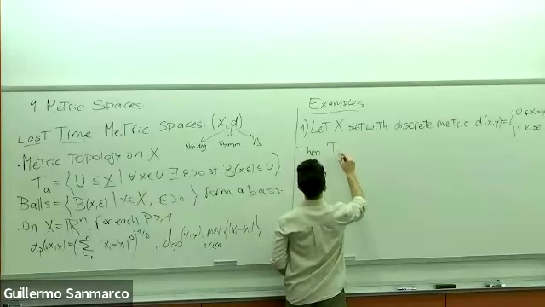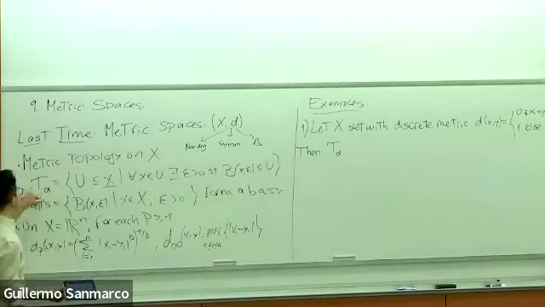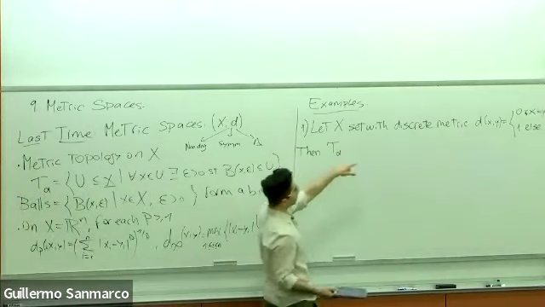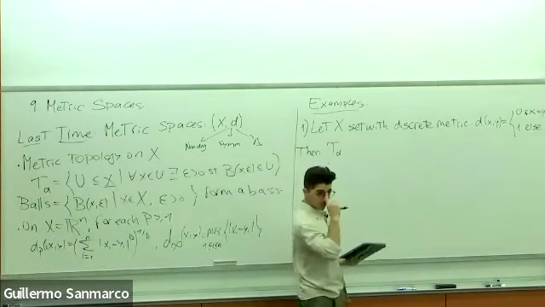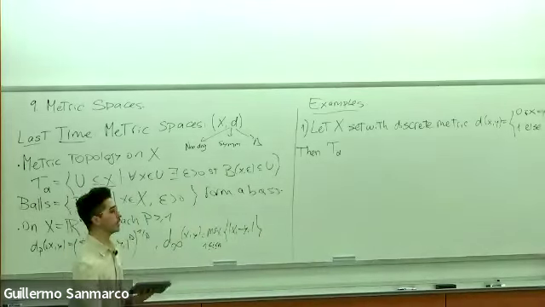The topology it induces. So I want to point out here, sometimes this T_d is called the metric topology, but most of the time you just say the induced topology, which is confusing because we use induced for subsets. But if there's no subset here and there is a metric, when you say the induced topology, you just mean the metric topology. Okay, so the topology induced by this distance, what do you think it's going to be? What are open balls here?